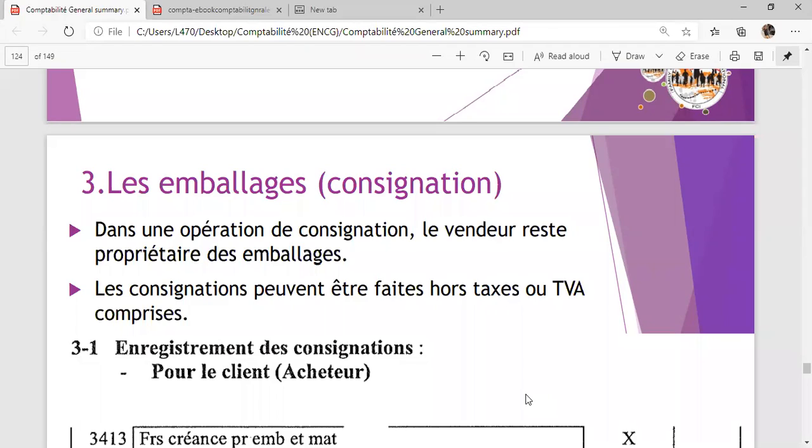So the first one is identifiable. So you're able to identify them by their color, by their code, something like that. So a clear-cut example would be a gas tank.